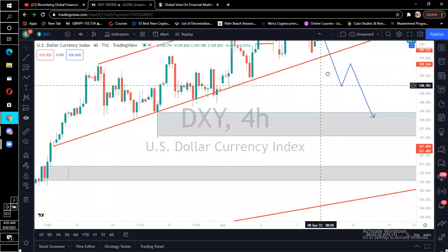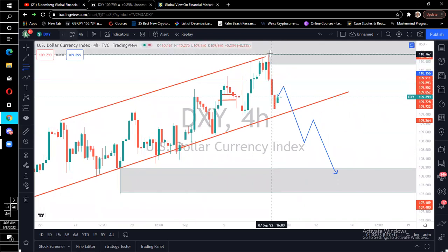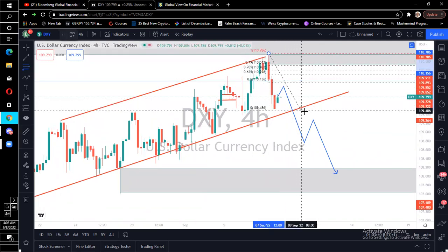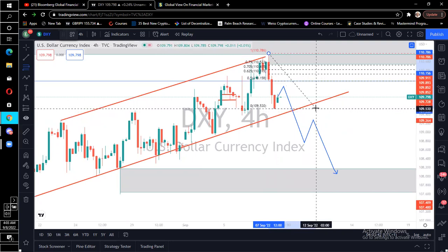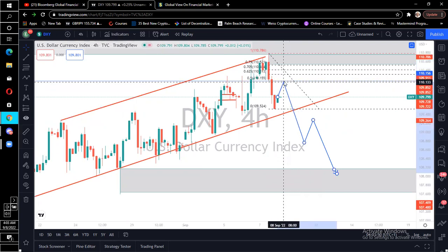This is what I would have loved to see. So if you take your fibs from here down to here, this level here, you see that these are 50% Fibonacci. So if it comes down here, that will be amazing.